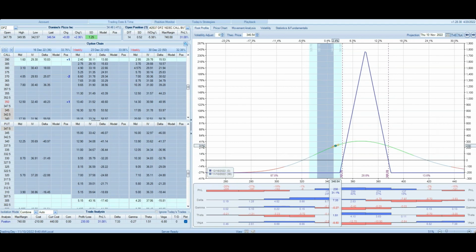Now here we are. This is 14 days since I took the trade, and it's about 8 days after I made my initial adjustment. This position is looking really, really strong. I'm up about 30% or so on risk. The underlying is sitting right at 347.